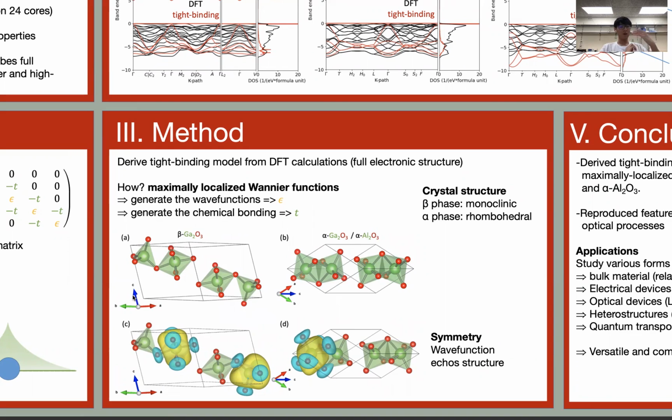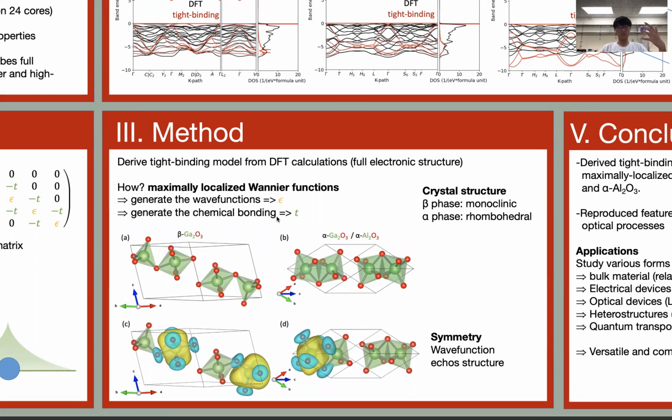That will generate for us the wave function for the maximally localized Wannier functions, which gives us the on-site energy, epsilon, the energy scale of the wave function, or the potential energy. And also generates the chemical bonding between adjacent Wannier functions. That gives us the hopping energy t, or the bonding energy, or the kinetic energy.